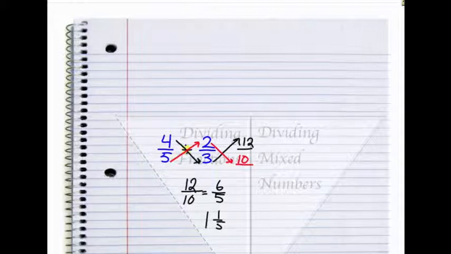Now dividing mixed numbers. A mixed number is a fraction, but it's written with whole numbers attached. So I have 1 1/3 divided by 2/9. In order for me to use my bouncing ball method, I have to change my mixed number into an improper fraction. An improper fraction is something like 6/5, where the numerator is greater than the denominator.